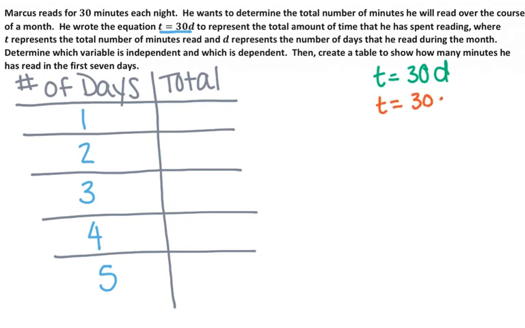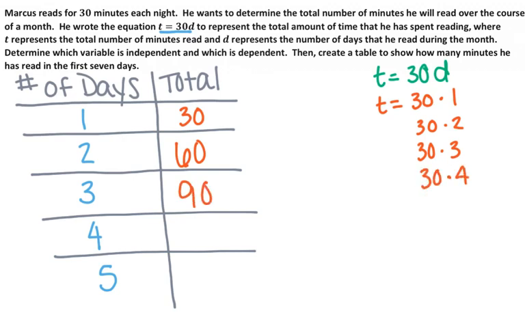So we'll have 30 times 1, which is 30, and then we'll have 30 times 2, which is 60, 30 times 3, which is 90, 30 times 4, which is 120, and then 30 times 5, which is 150. And we have completed our table.